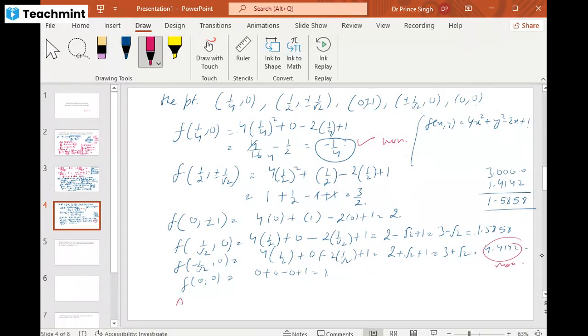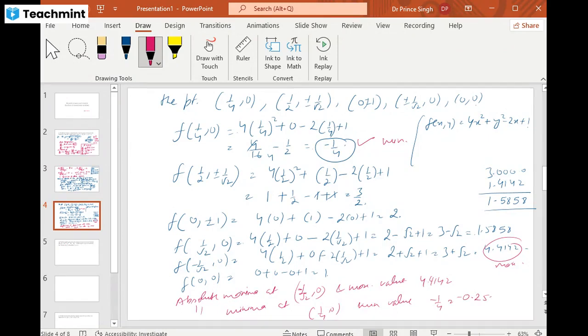So we can say that the function attains its absolute maxima at the point 1 by root 2, 0, and the maximum value is 4.4142, and absolute minima at the point 1 by 4, 0, and the minimum value is minus 1 by 4, that is minus 0.25.